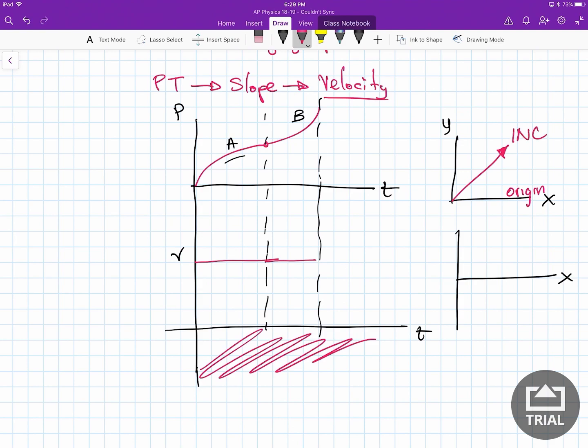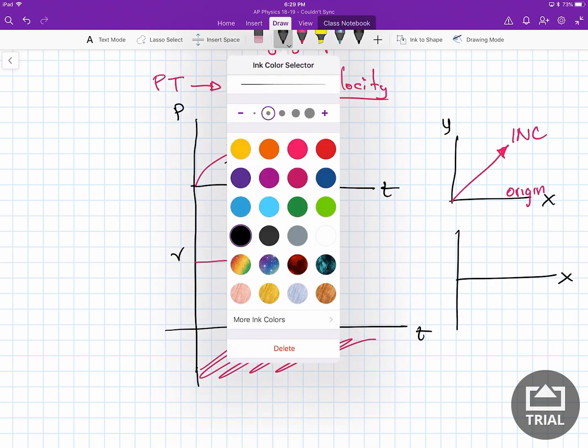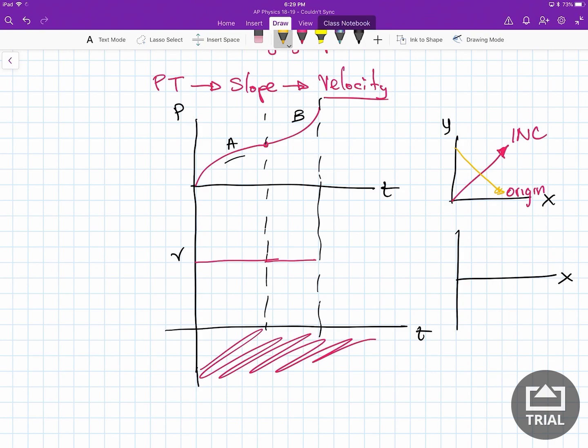And when a line is going towards the origin, that's one called decreasing, guys. It's getting smaller. The same thing happens with the other one. As the line gets farther away from the origin, it is increasing, and as it gets towards the origin, it is decreasing.